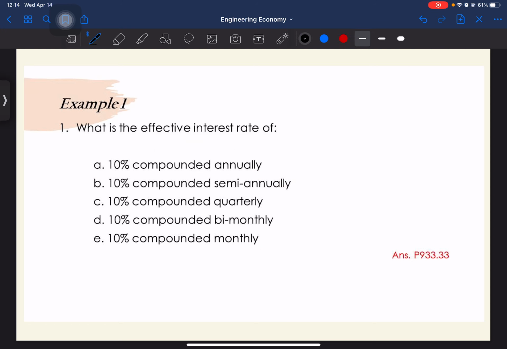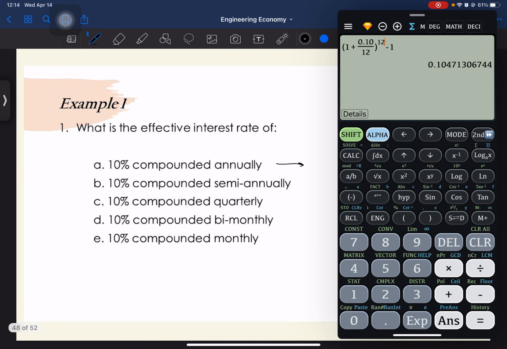Ngayon, if we apply that, I think nasagot na natin to. What is the effective interest rate? Ano effective interest rate ng 10% compounded annually? When yung compounding period is annual, ibig sabihin, ilang compounding periods meron ka sa isang taon? Ano effective niyan? The 10% din. So, even if you use the formula, para ka lang naglaro na 10 divided by 1.